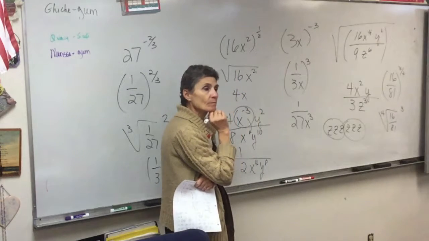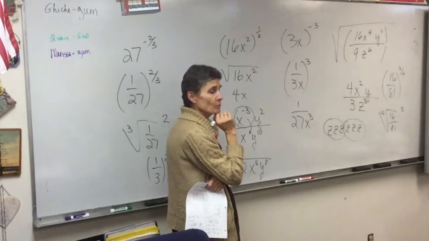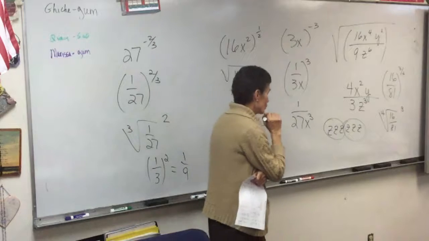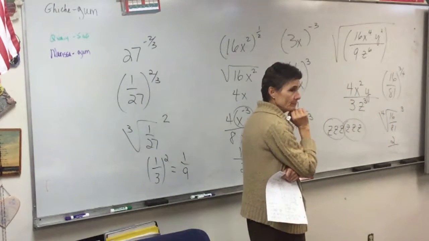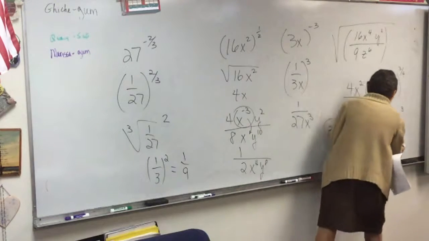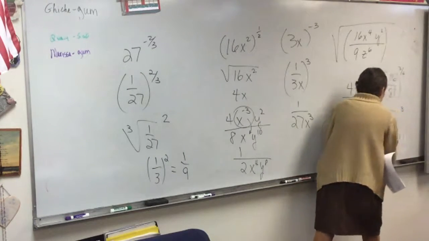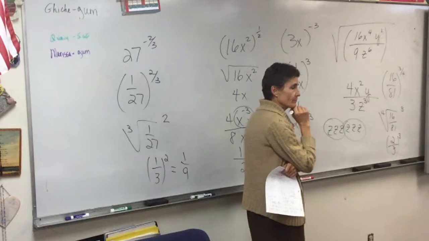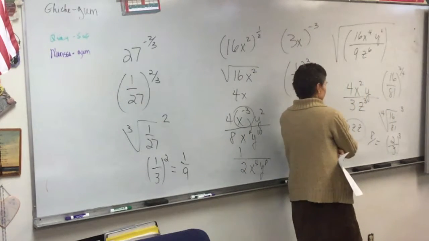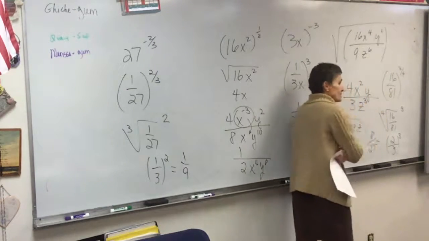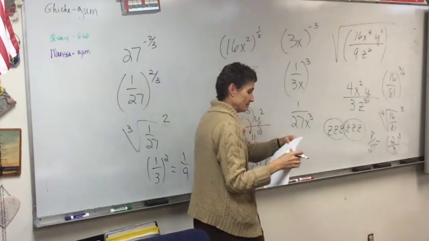Okay? What's the 4th root of 16? 2. What's the 4th root of 81? 3. Now I need to cube that. What's 2 cubed? 8. What's 3 cubed? 27. Answer is 8/27.